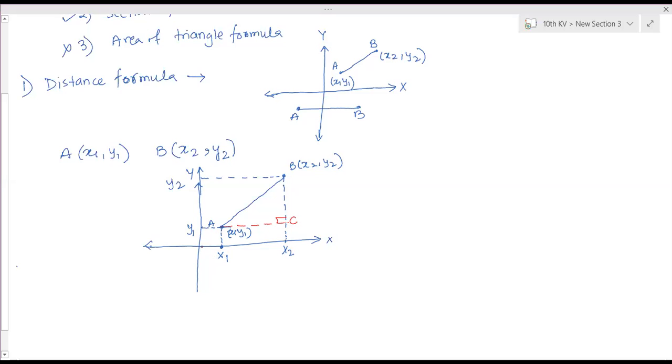So the AC distance is x2 minus x1. Then the distance of B and C: B is at y2, C is at y1, so it is y2 minus y1. Now this is a right angle triangle. ACB is a right angle triangle.